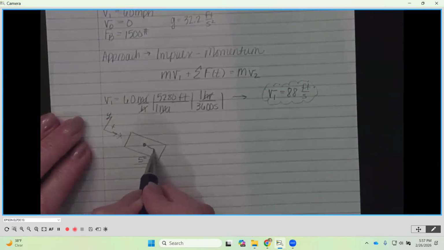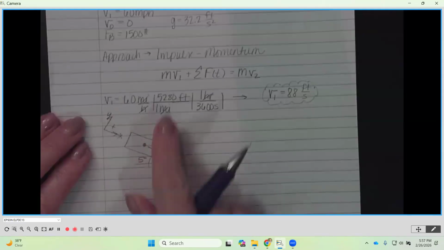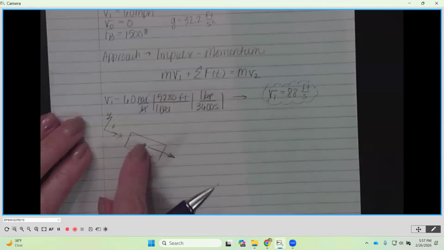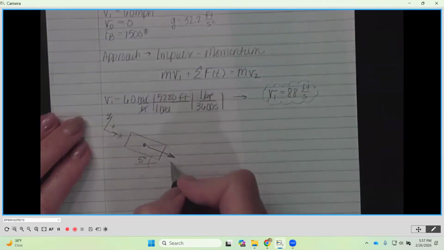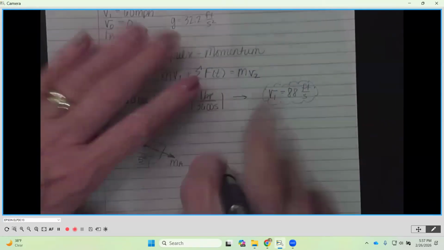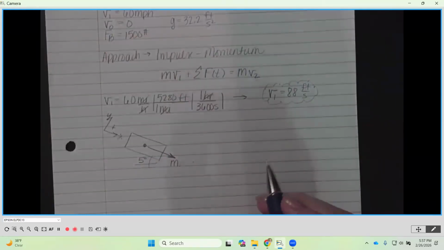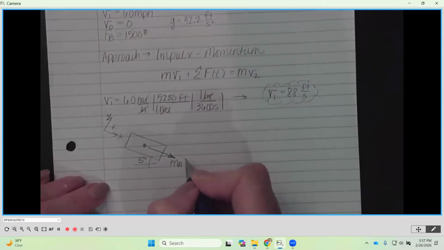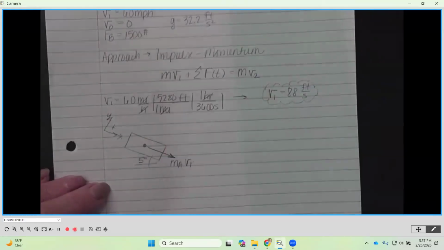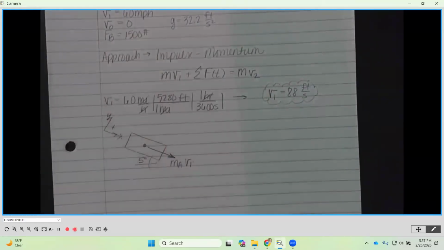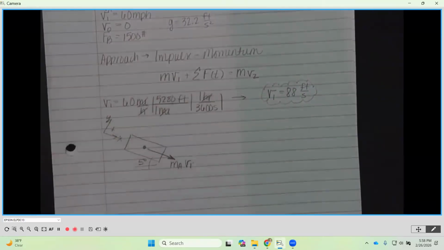And my mass times velocity going through the geometric center: MA times velocity 1. This is going to be the momentum of our automobile. This is just a generic principle or the approach, and then down here are my actual variables.